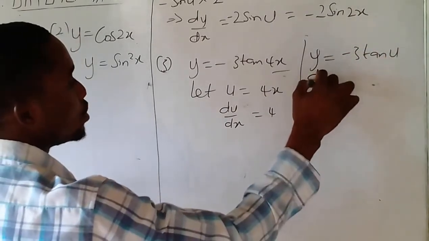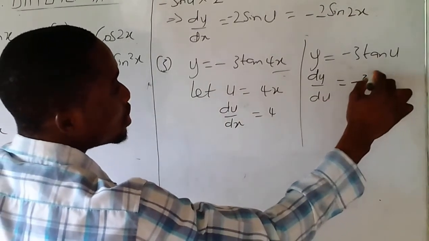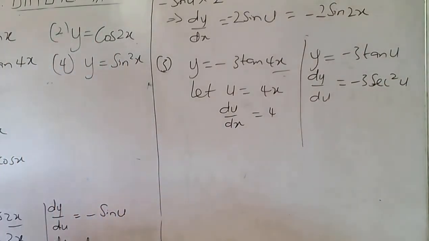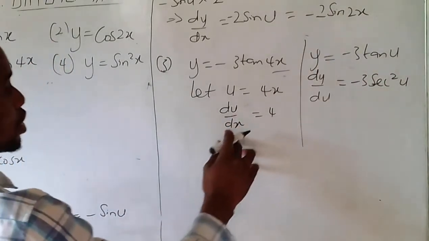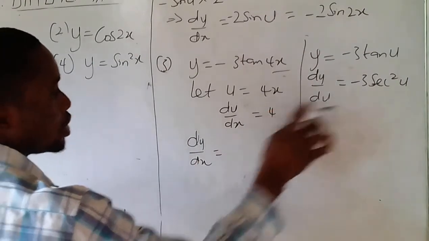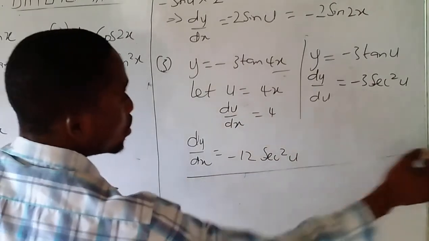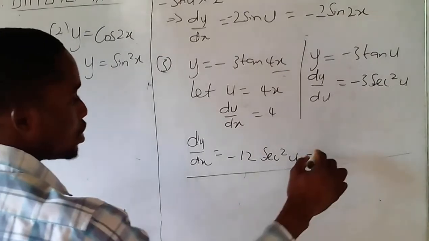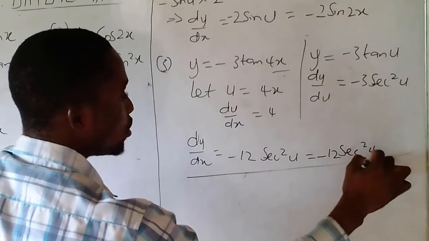In which case, dy/du is equal to minus 3 sec squared u, because differentiating tan u, you get sec squared. So, having my dy/du to be this and my du/dx to be 4, then dy/dx will be this times this, which becomes minus 12 sec squared u. So that's the answer. Where our u there is 4x, that becomes minus 12 sec squared 4x.